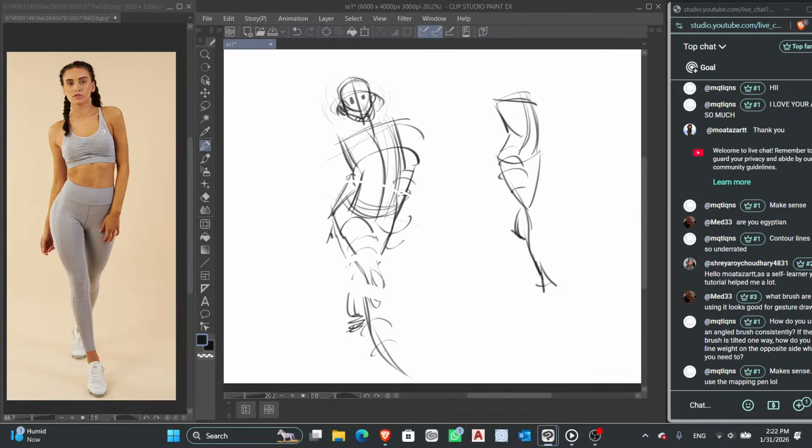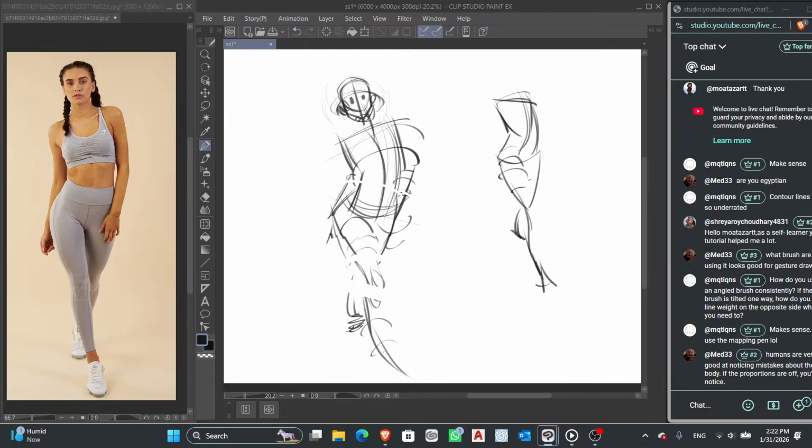All right. Others don't like it that way, and they notice mistakes about the body proportions. Yeah, that's why. For me, this one is acceptable. For me, this is acceptable. But I'm constantly trying to manage, trying to fix.